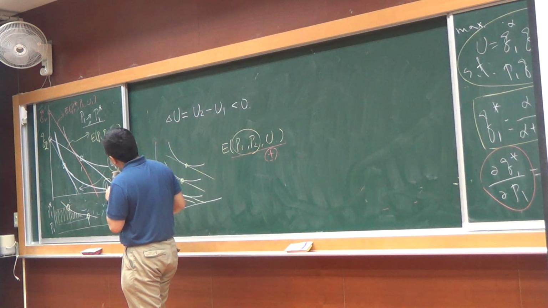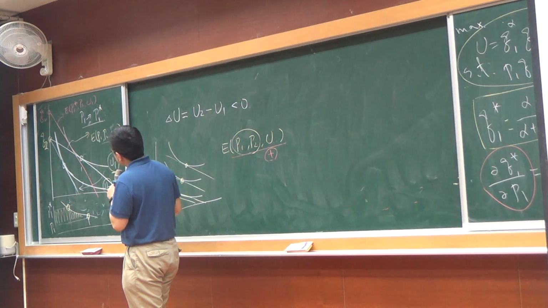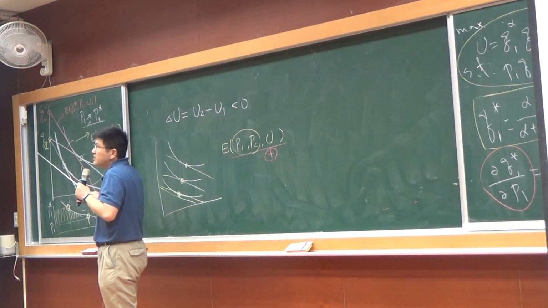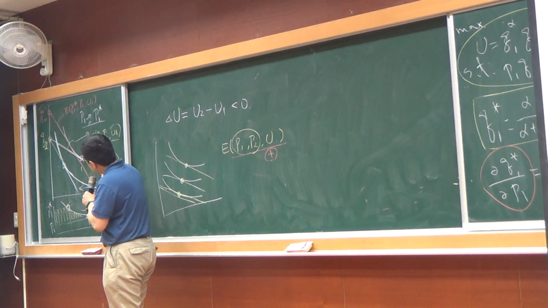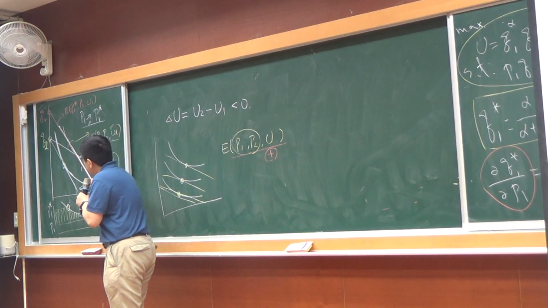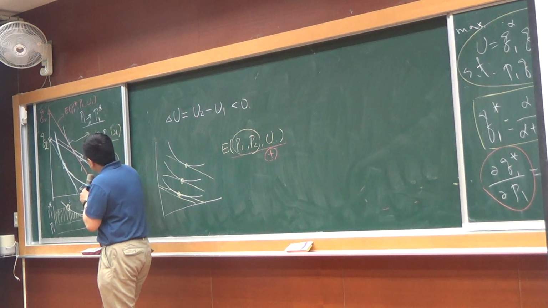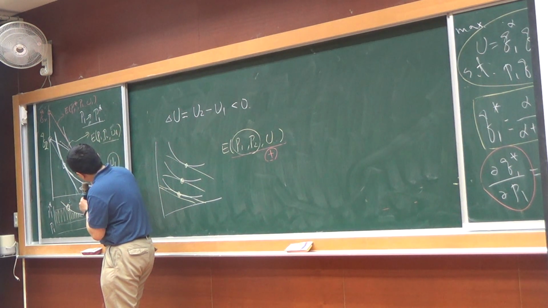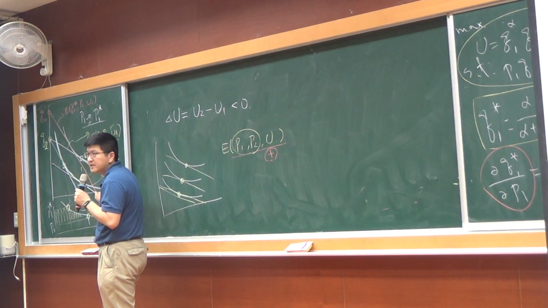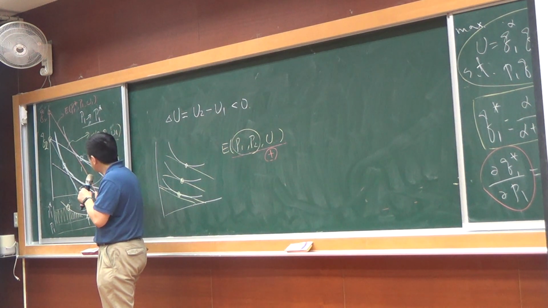We want to measure the difference between U1 and U2. So we need to decide at first whether to use the initial MRT or the new MRT. If we use this one, then we need to compare this expenditure and this expenditure, right? So that we may measure U1 and U2.